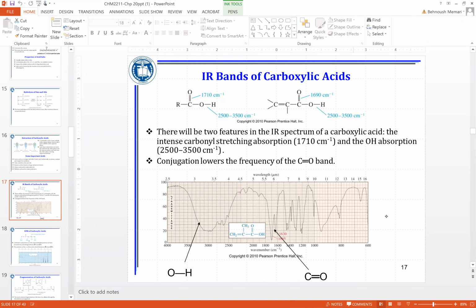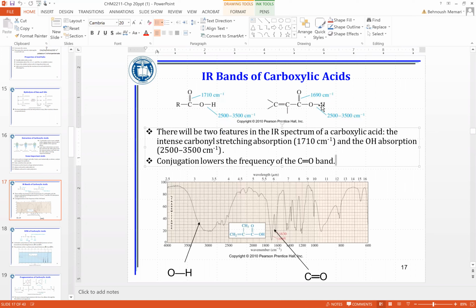Spectroscopy of the carboxylic acid: based on the functional group COOH, the C=O double bond would have a peak around 1700 to 1715. And then the OH of a carboxylic acid is going to have a peak between 2500 and 3500. It's a broad peak. It starts from 2500 and goes to 3500.